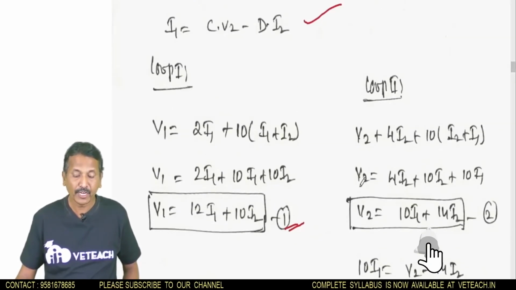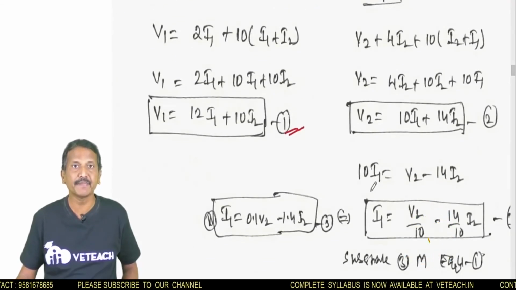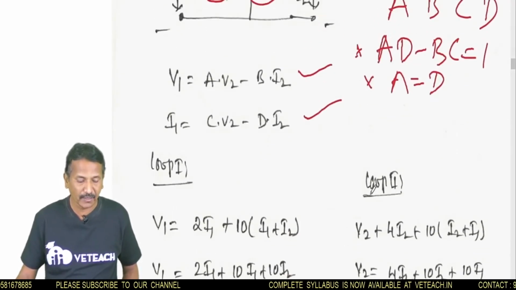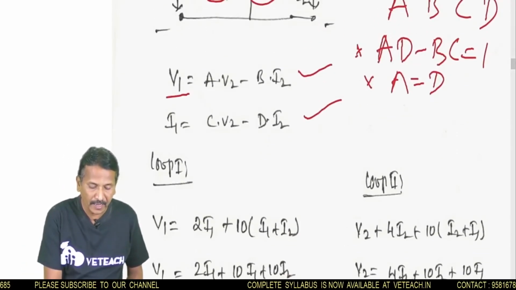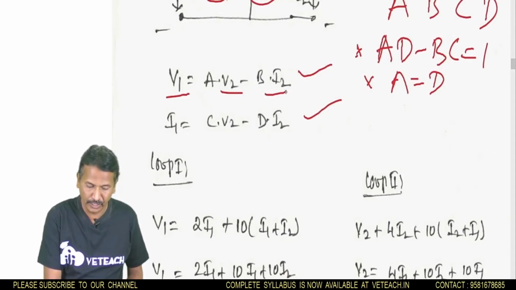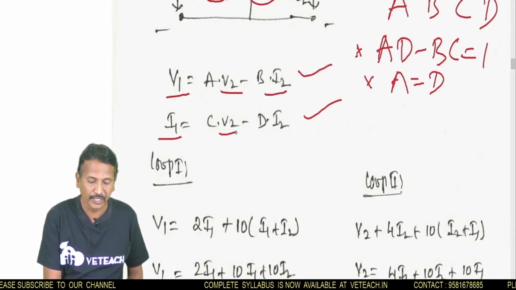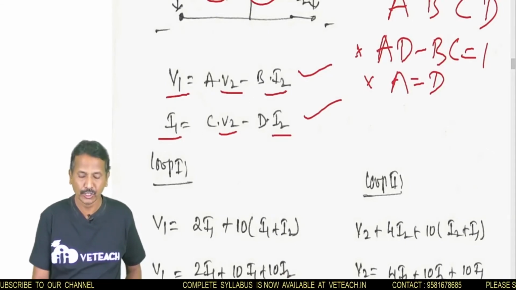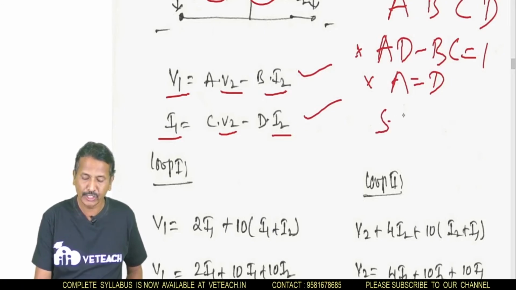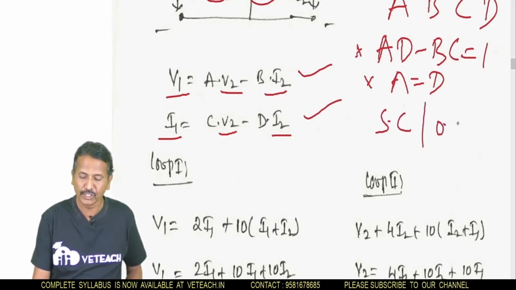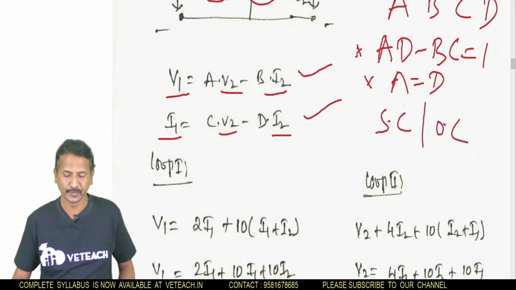But what we have to find out here is the ABCD parameters. What relations do we have? We have V1, I1, V2 as well as I2. So in this, one side should be short circuited and the other side open circuited.